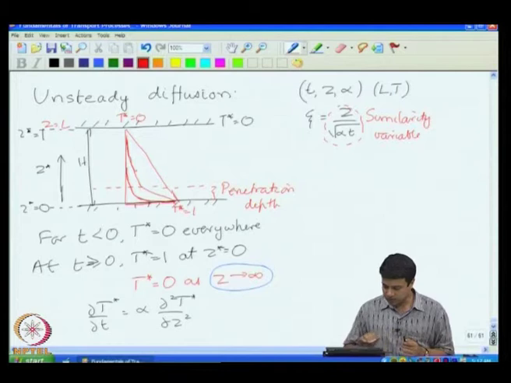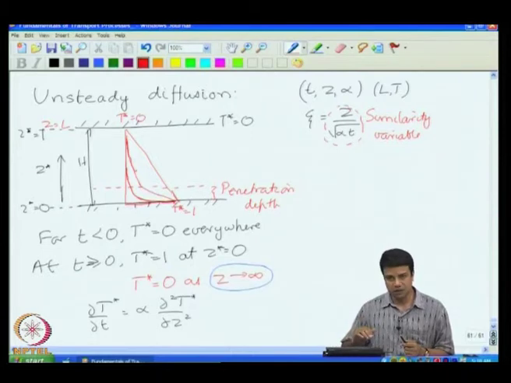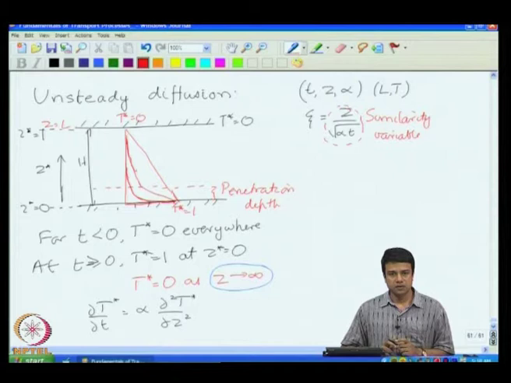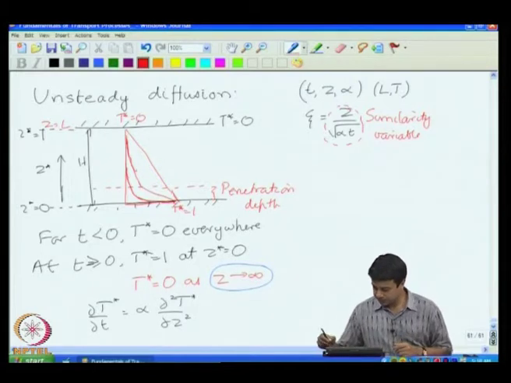Put that into this equation, and if my premise is correct that it depends only through this variable psi and not individually through t, z and alpha, the final equation that I get should not contain any of these parameters t, z or alpha. It should be only a function of psi alone. So, that is the basic idea. So, let us proceed with the solution.